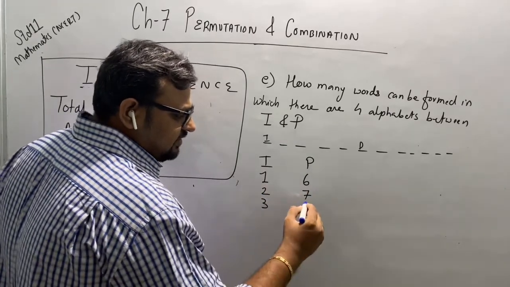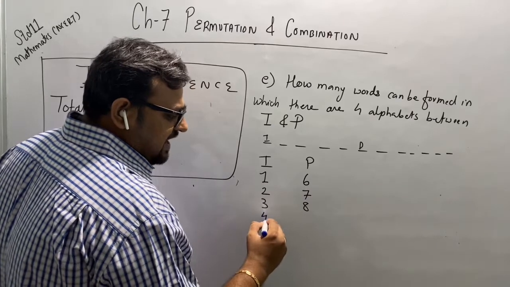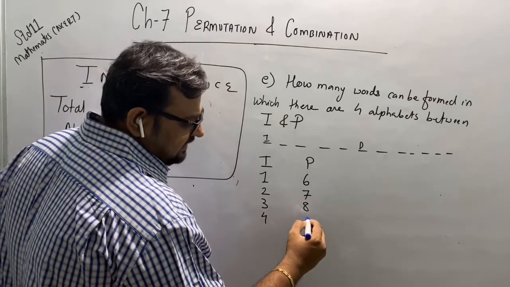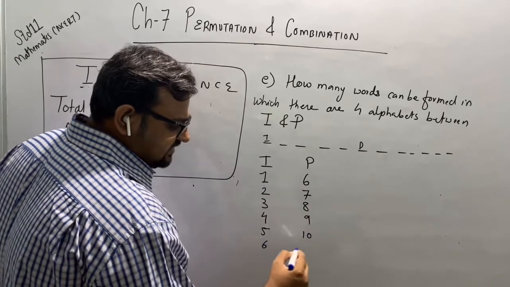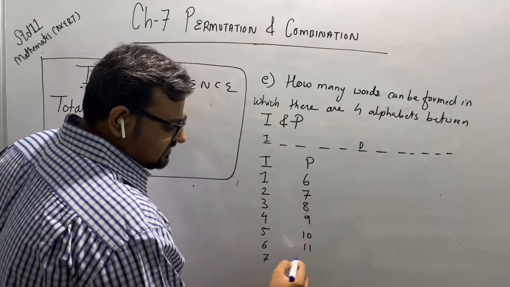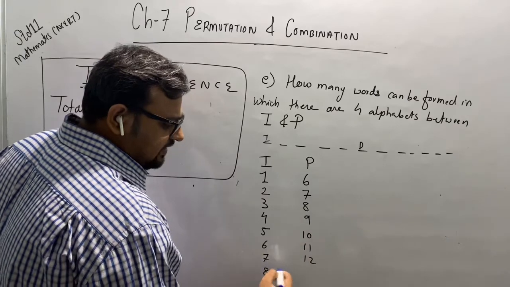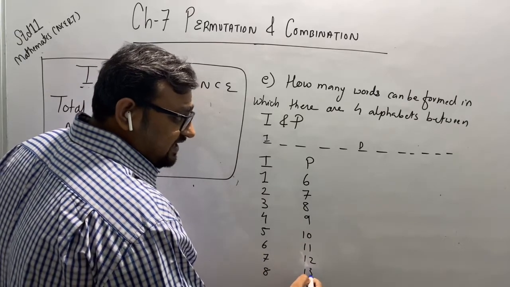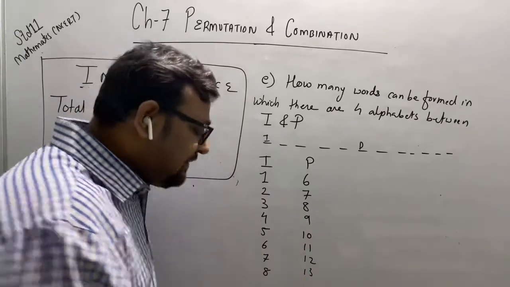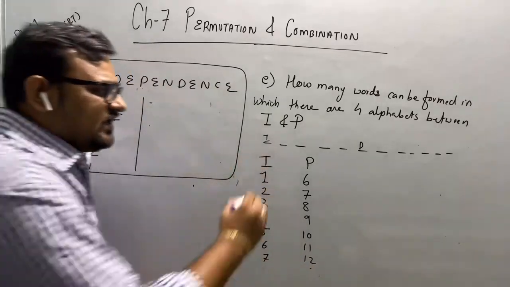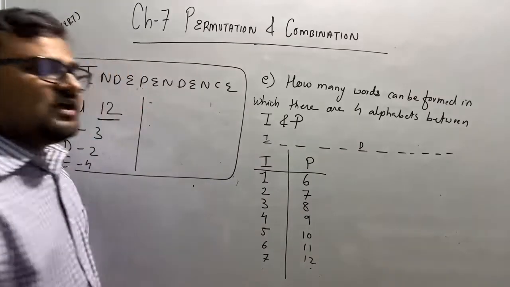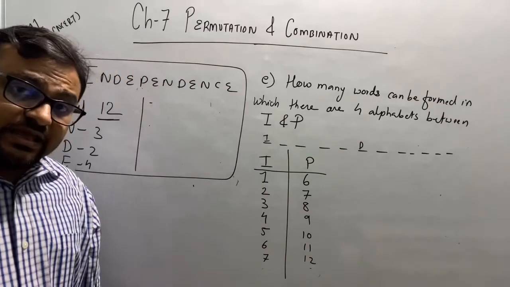I at third, P must be at 8. I at fourth, P must be at 9. Fifth, 10. Sixth, 11. 7, 12. 8, but 13 we are not having, we are only having 12 places. So these are the different positions of I and P.